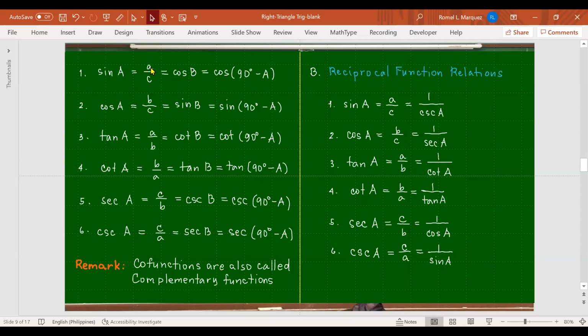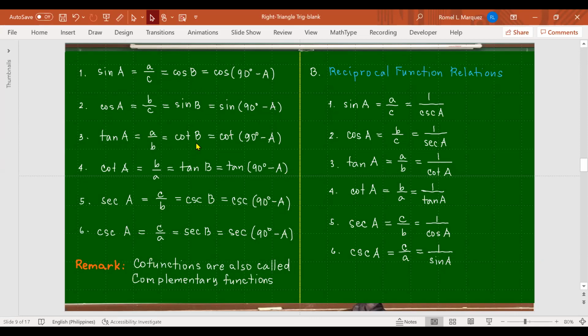We define sine A to be a over c, and that is equal to cosine B, and cosine B is equal to sine of 90 minus A because they are complementary. So we say that sine A and cosine B are co-functions. Cosine A is equal to b over c, and if you read it from the triangle, sine B is also b over c, and sine B is equal to sine of 90 minus A, and so on.